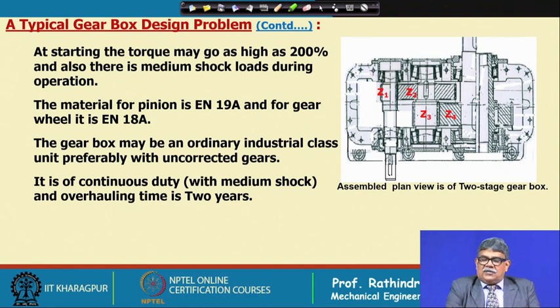Now, two words are associated, one is maintenance, another is overhauling. Maintenance of gears means you have to look into the gearbox, whether oil is properly filled, whether something is going wrong in the gearbox, whether bolts are properly tightened even after operations.